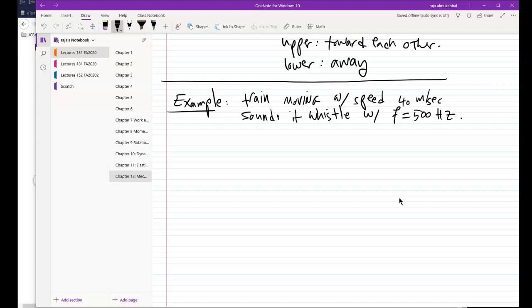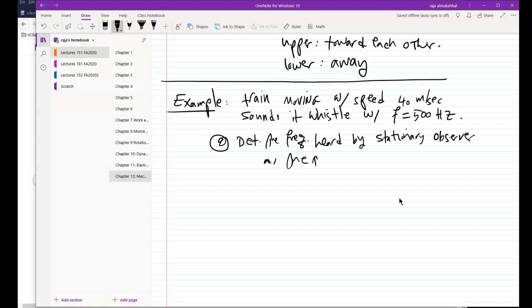And there are part A and part B. Part A, it says, determine the frequency heard by a stationary observer as the train approaches the observer.